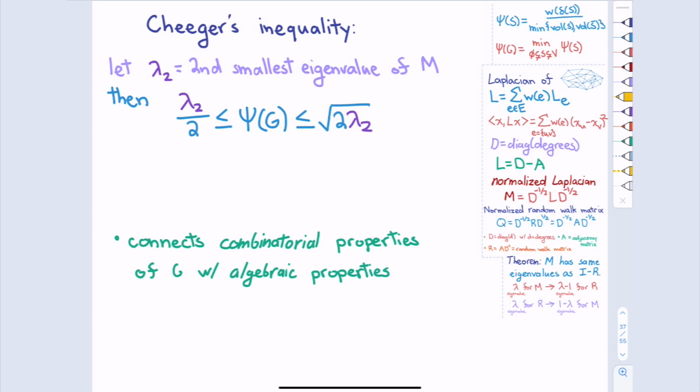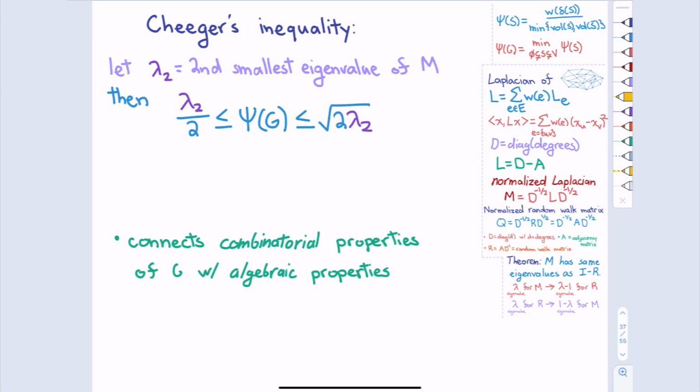This turns out to be very useful. It's also going to give us an algorithm to get a cut whose conductance is close to the second eigenvalue. We'll discuss that.